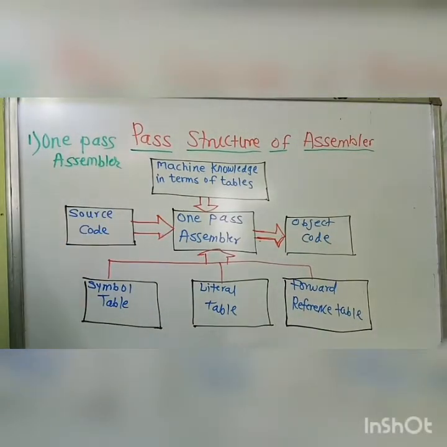What is a pass of a language? A pass of a language processor is the processing of every statement in the source program or its equivalent representation. Here we have to do only the process line.